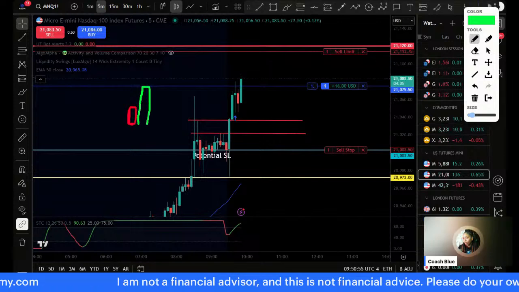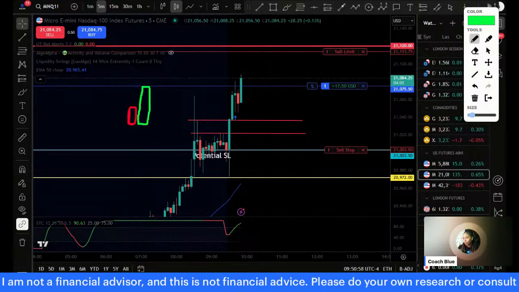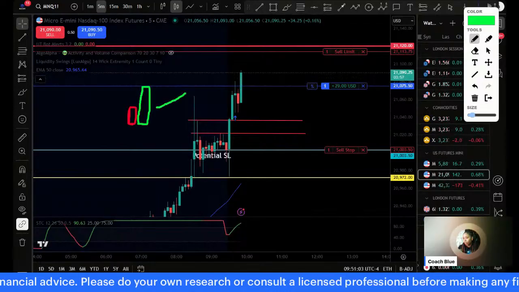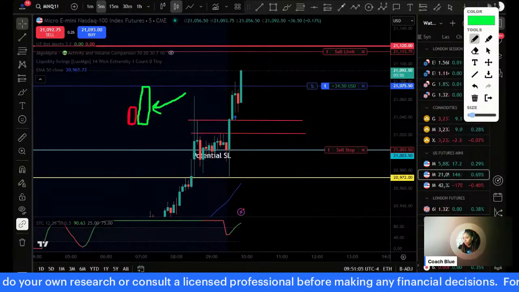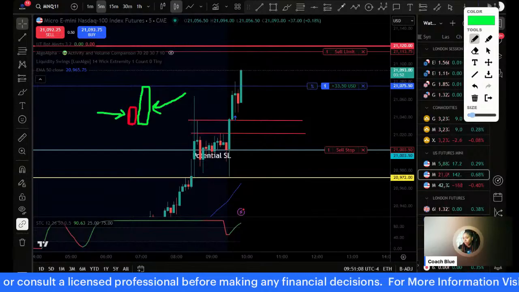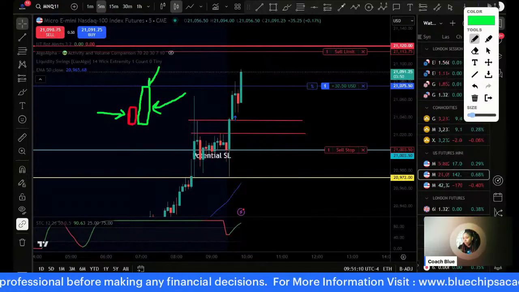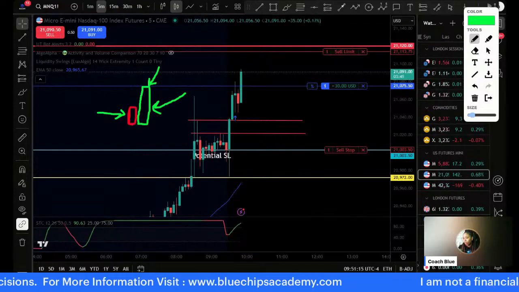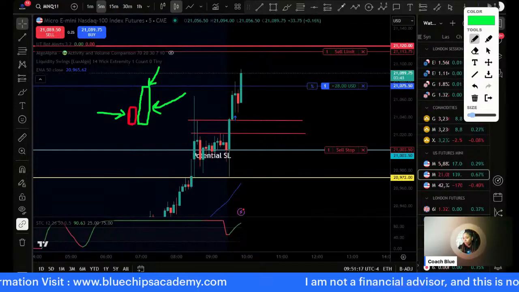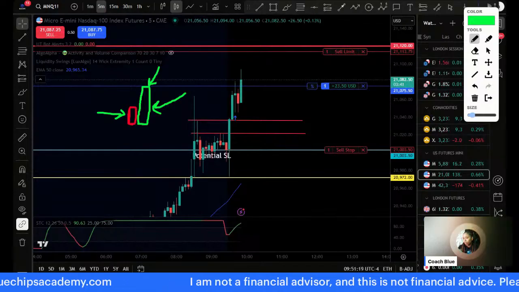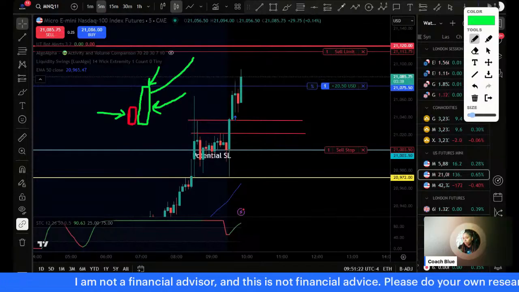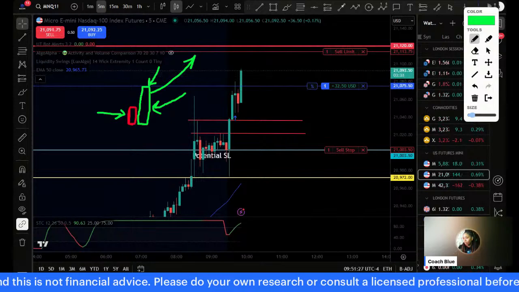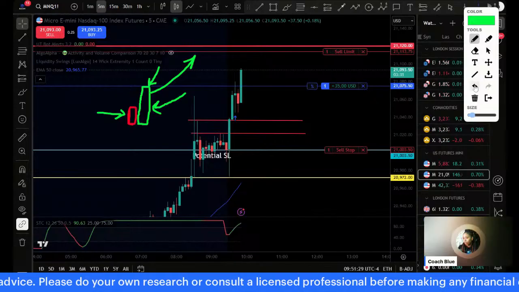This is a clear indication that there are more buyers than sellers in the market right now. This bullish candle engulfs this red candle. The body of the candle is bigger than the bearish candle, so there's a high chance that price will continue to the upside. I say about a 70% chance.